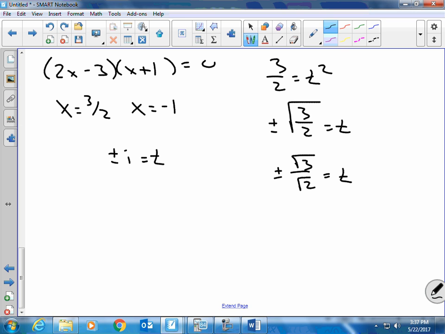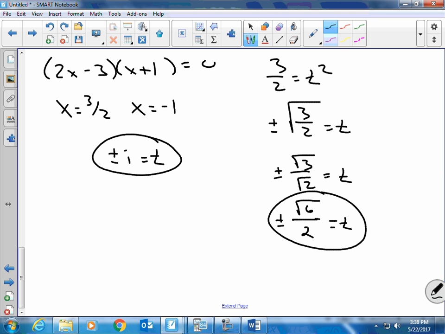I cannot have a square root on the bottom, so I multiply top and bottom by the square root of 2. And the square root of 2 times the square root of 3 is the square root of 6. And on bottom, the square root of 2 times the square root of 2 is just plain old 2. And so I get t equals that and t equals that. We get 4 solutions.